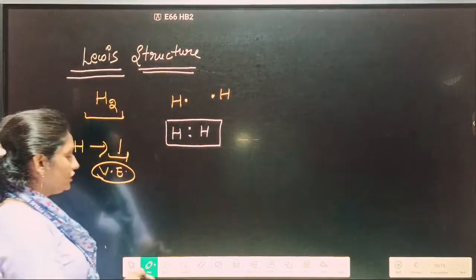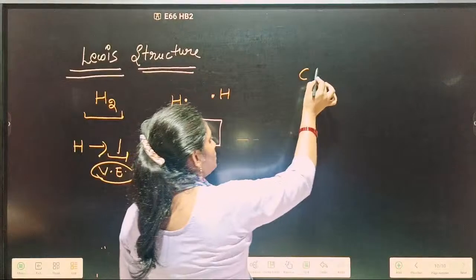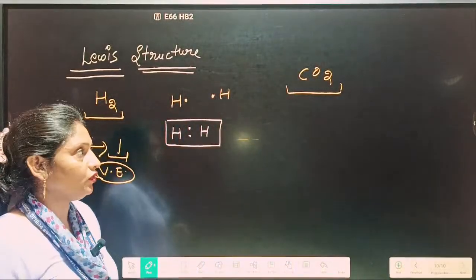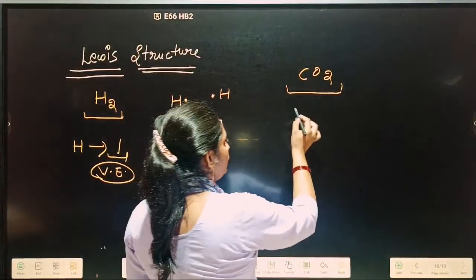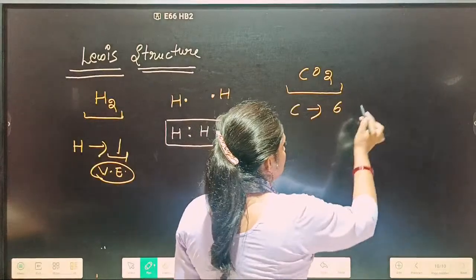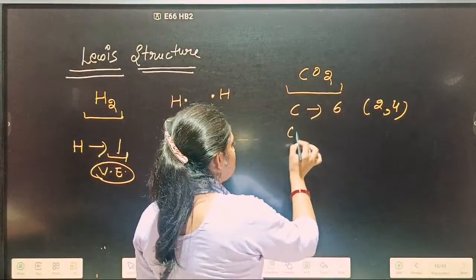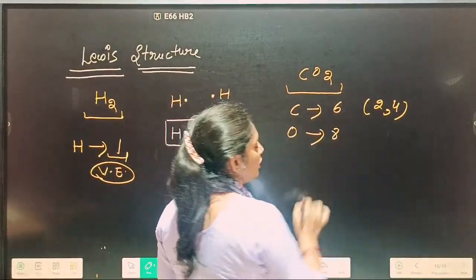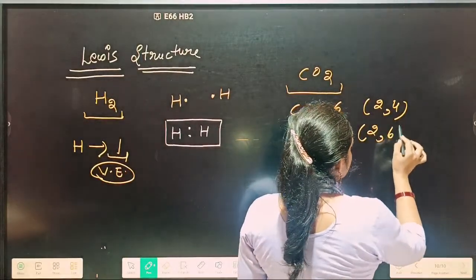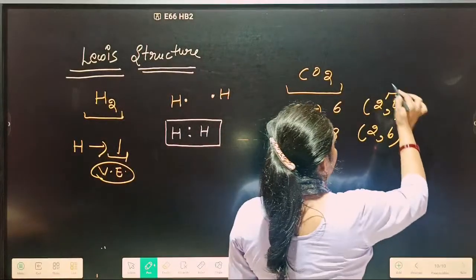You can take one more example. If I talk about CO2, how can you draw the structure for that? Here you have carbon with atomic number 6, so its configuration is 2,4. Then you have oxygen, two oxygens are there, atomic number 8, and configuration is 2,6. Then you will write the valence electrons.